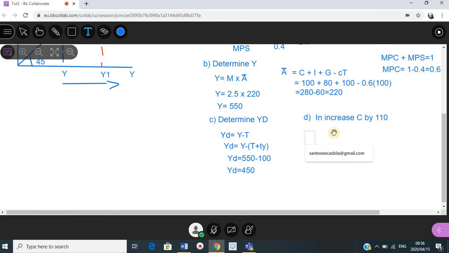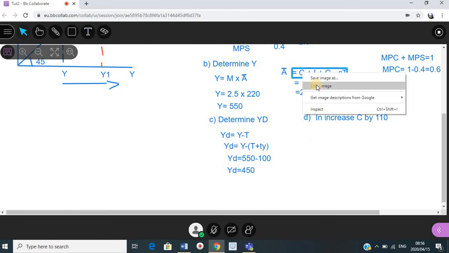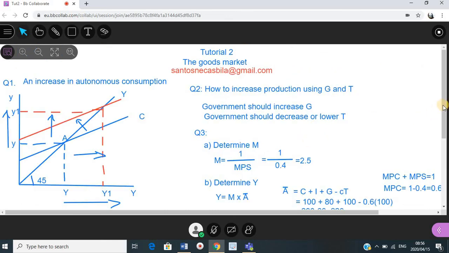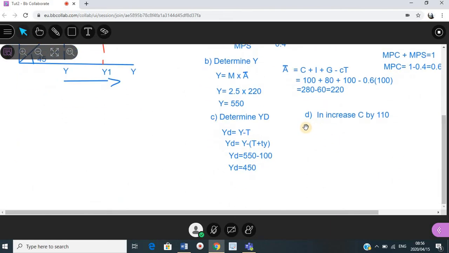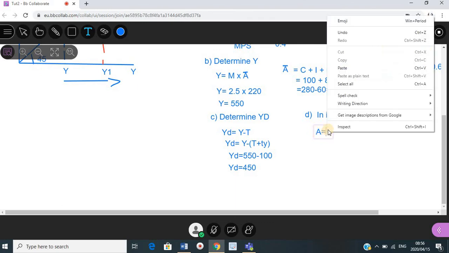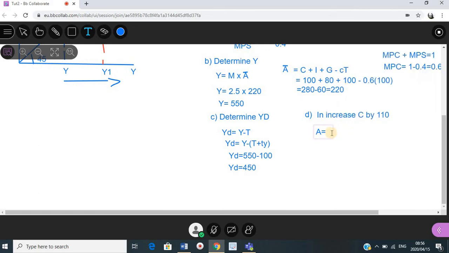So we are just going to determine the new equilibrium. I will copy this and come here. I will say equals, and paste. Very good.